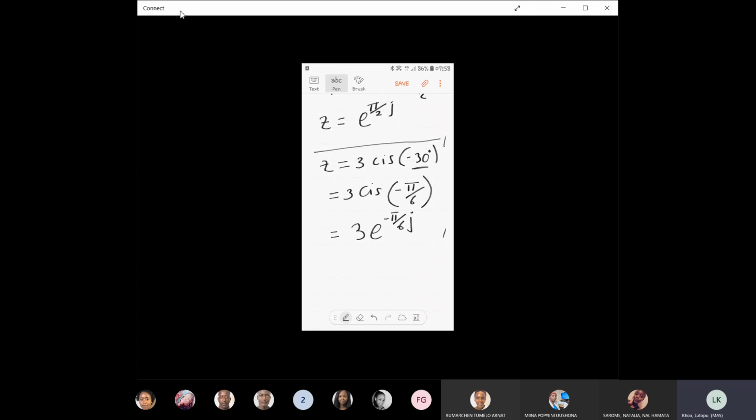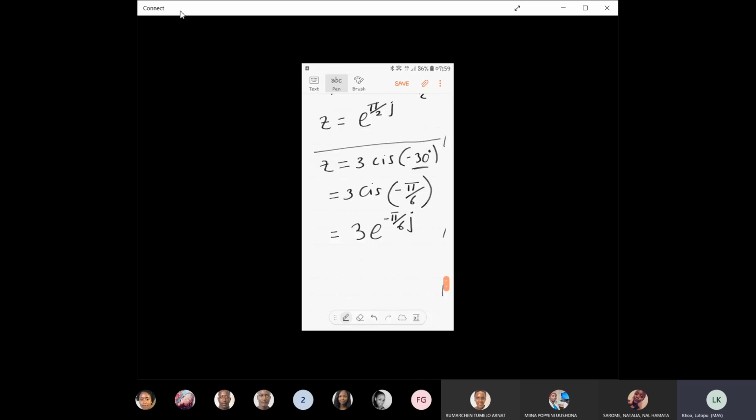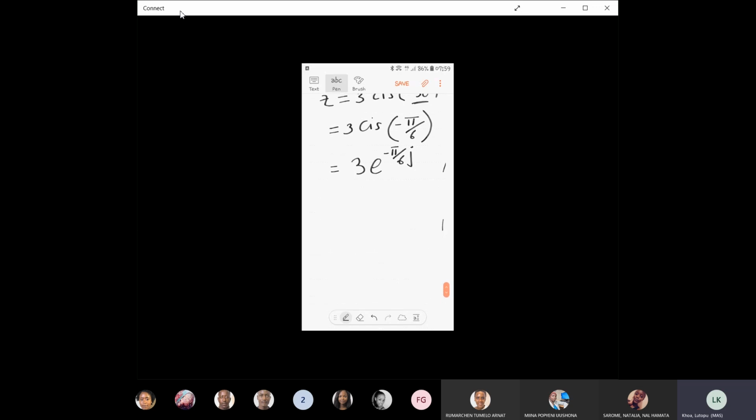Okay, then it's also possible to convert from exponential to polar or rectangular. That is not difficult to do because you know what r is and you know what theta is just by looking at it. So when I look at this one, I can tell r is 3 and my angle is whatever is multiplying j. So I will just remove the j, and whatever is left, that is my angle with the sign as well. So let's look at this one.